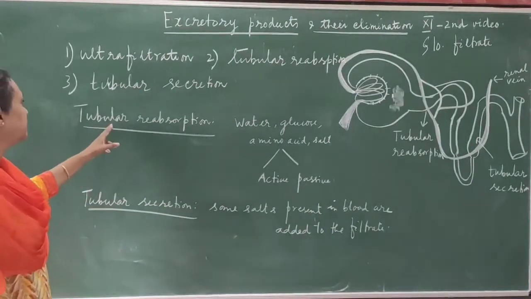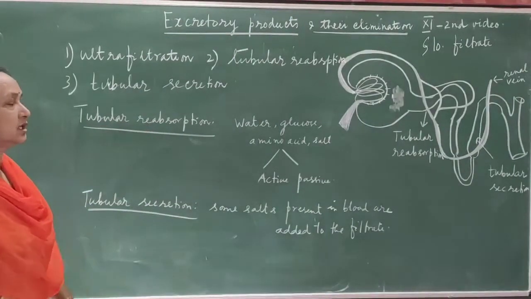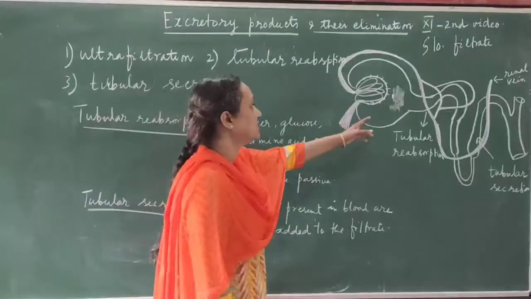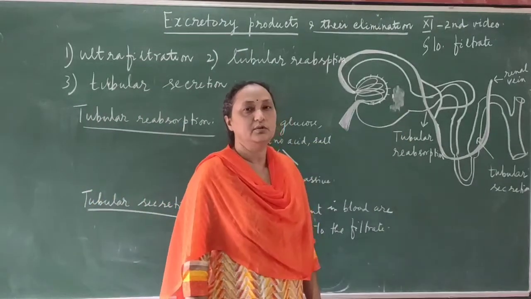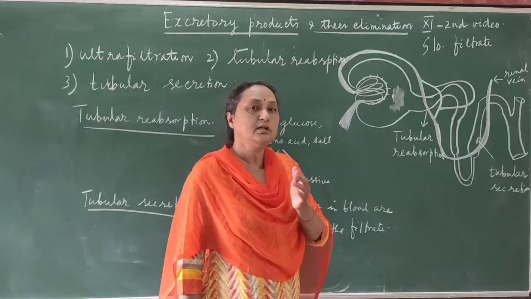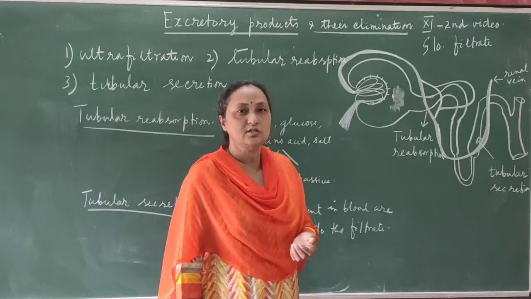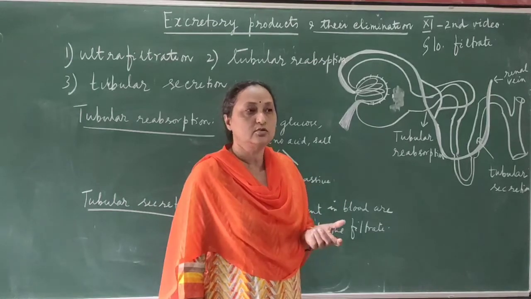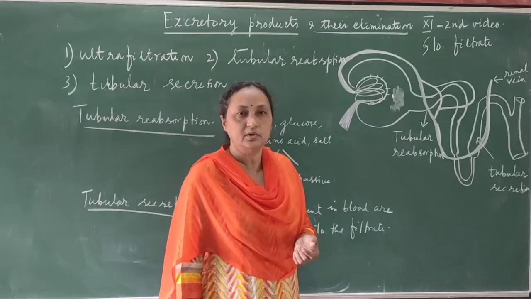So the next step, that is tubular reabsorption. As I told you, now this filtrate, which is called the primary urine, it is having maximum amount of water and some of usable compounds like the glucose and the amino acids, some of the salts, like the salt, sodium and the potassium, they are having use in the body.